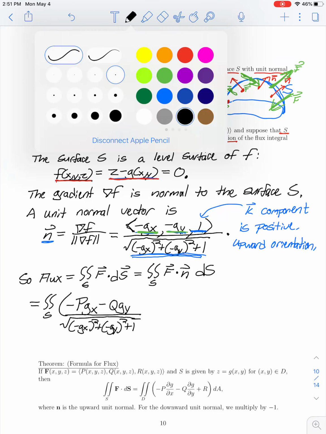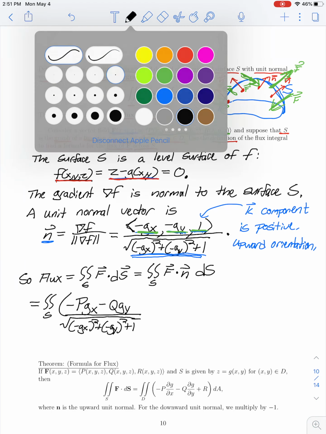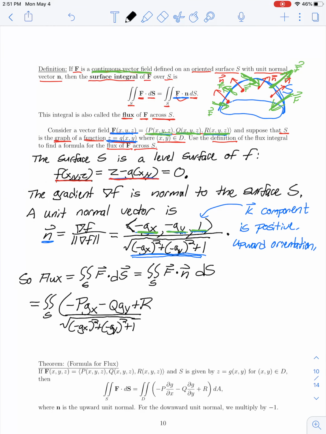And then plus for the last component of our dot product, we have r times 1 over that same square root term. So that is plus r divided by the same square root term in the denominator that we use to normalize our vector field. And then we're integrating this with respect to surface area.